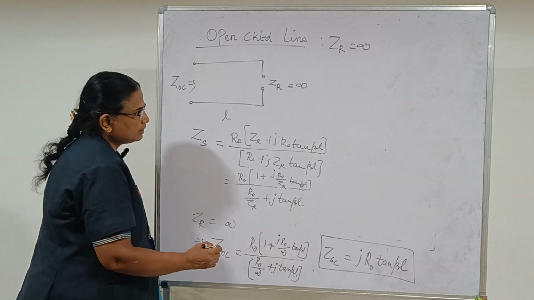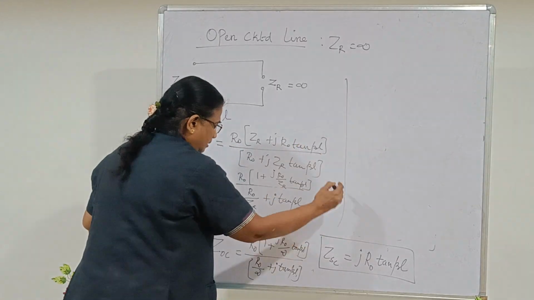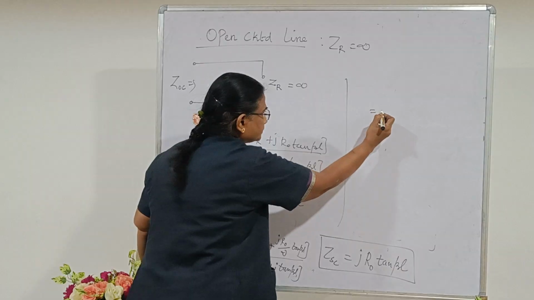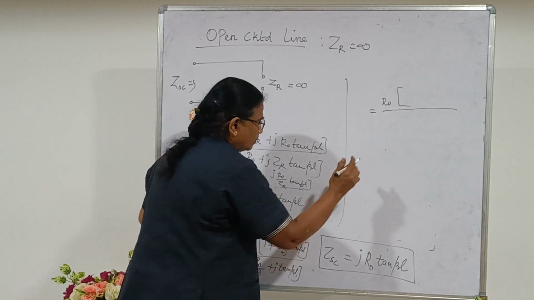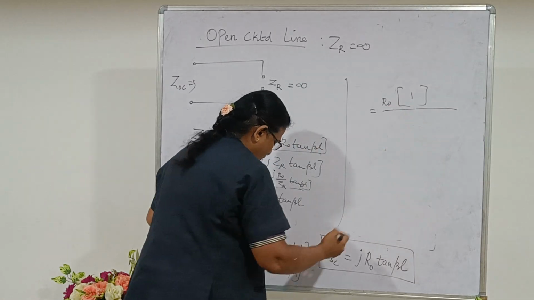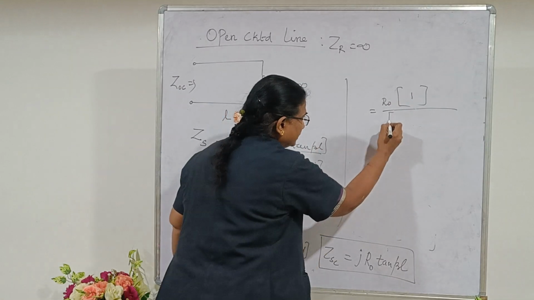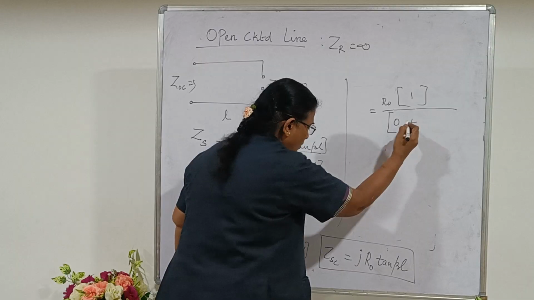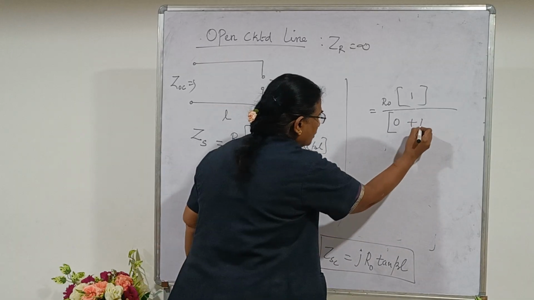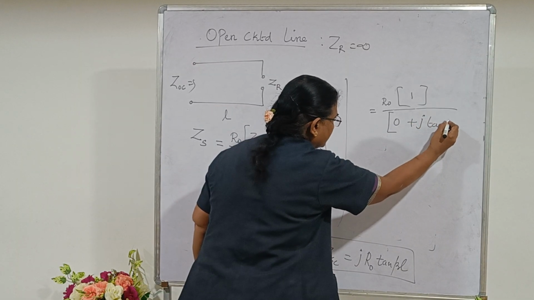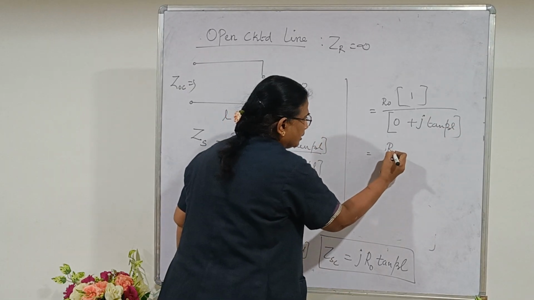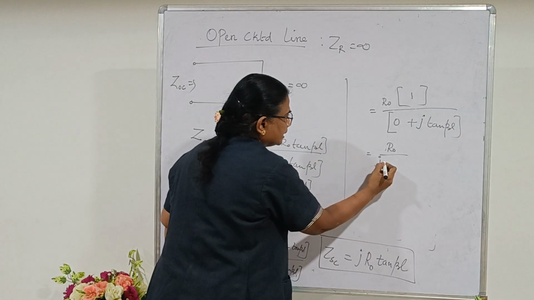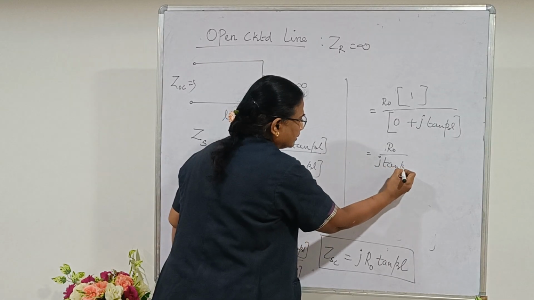So the numerator we will have R0 into 1. The second term becomes 0. Divided by the denominator, first term becomes 0 and you will get 0 plus J tan beta L. So which is R0 by J tan beta L.